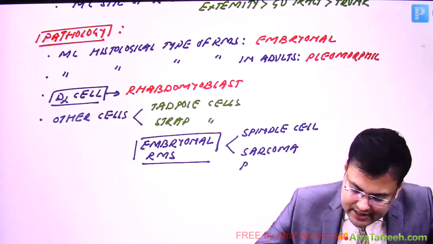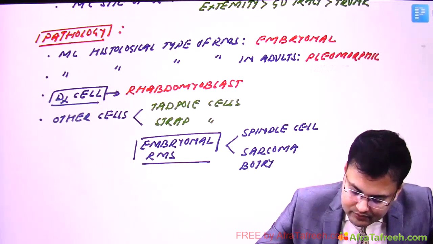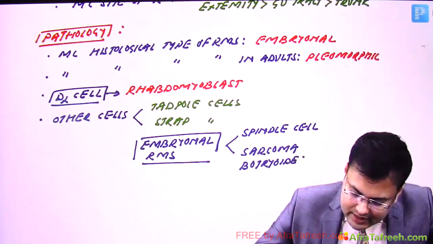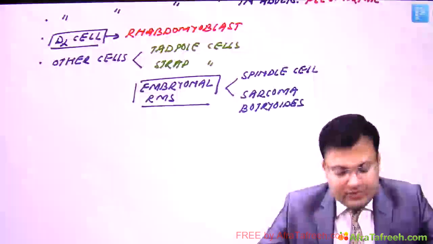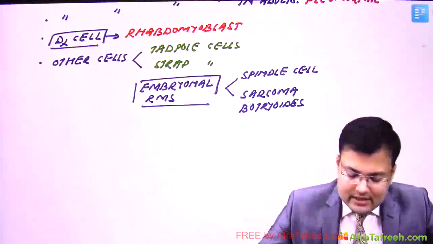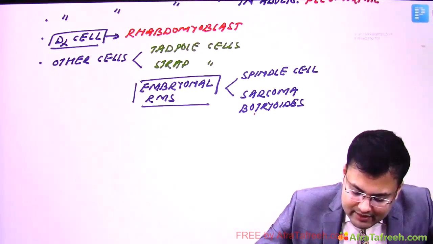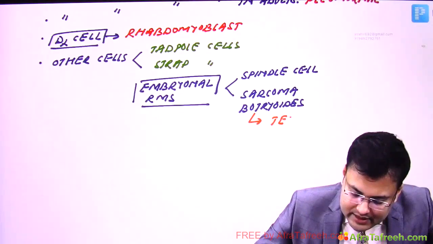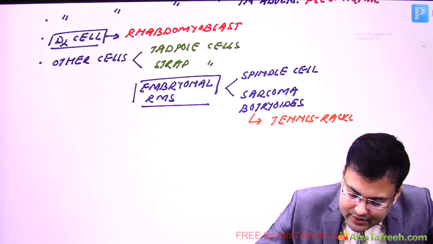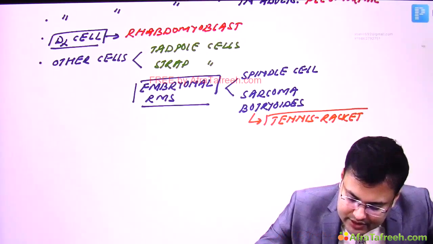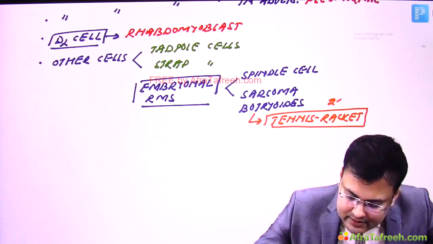This is frequently asked in exams. And you must remember the question asked in pathology related to sarcoma botryoides: the tumor cell has a tennis racket appearance. This is the question which is frequently asked.